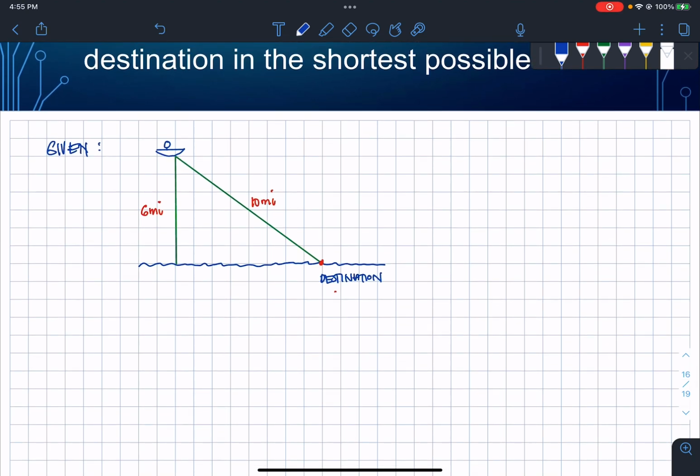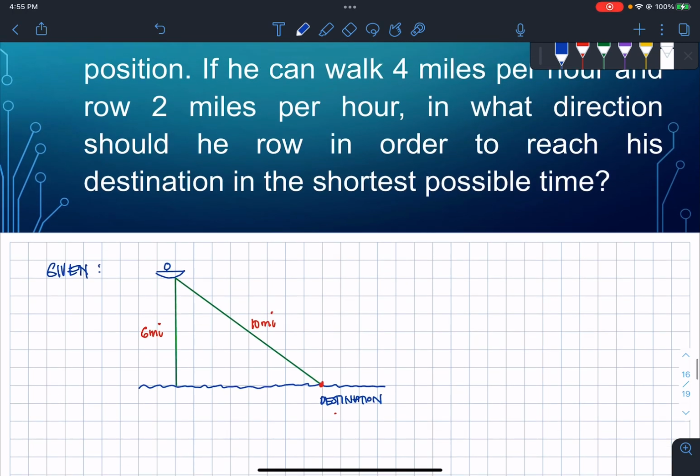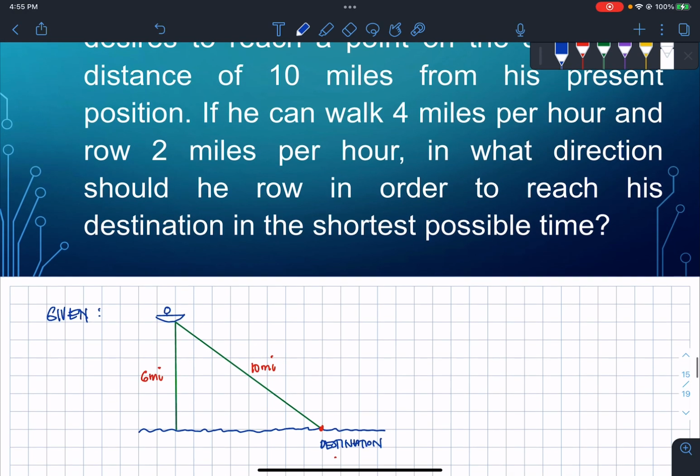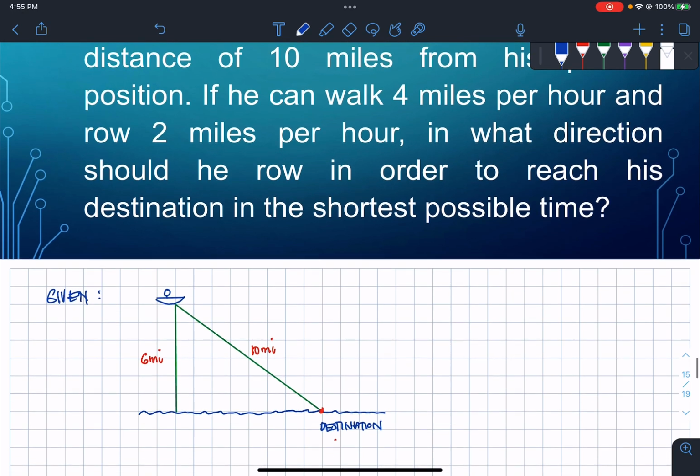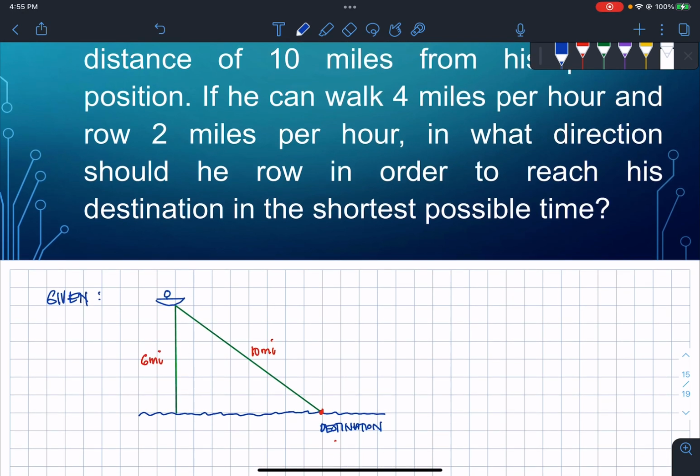Given that he can row 2 miles per hour, the rowing is slower, and the walking would be 4 miles per hour. There are different ways on how to do it, but we want the shortest possible time to reach the destination.